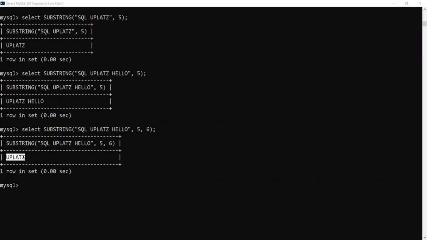But the basic difference lies in how they index the string characters. For example, if you have this string test, then the mid function will index the characters as 1, 2, 3, 4. But with substring, they will be indexed as 0, 1, 2, 3, and so on. Now let us try to demonstrate that part.